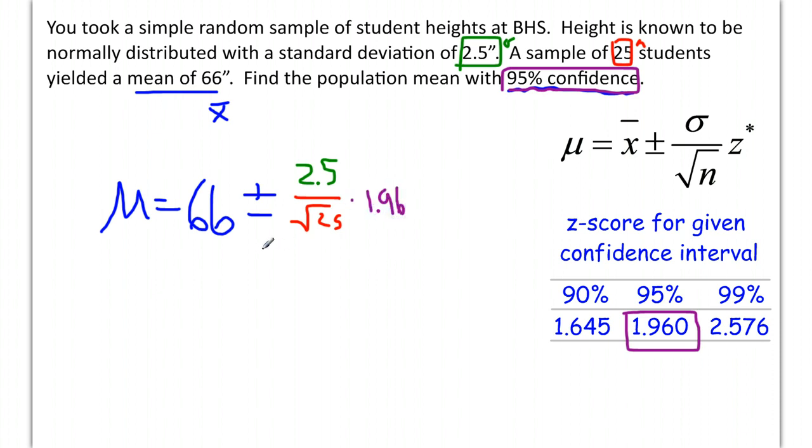And now usually when I'm doing this in my calculator, the only part that I'm going to type into my calculator is this part right here. Because then when I write it, I'll write it as 66 plus or minus whatever this turns out to be.